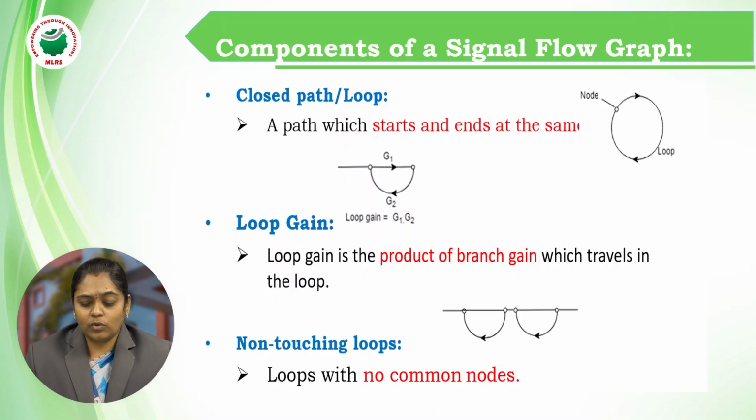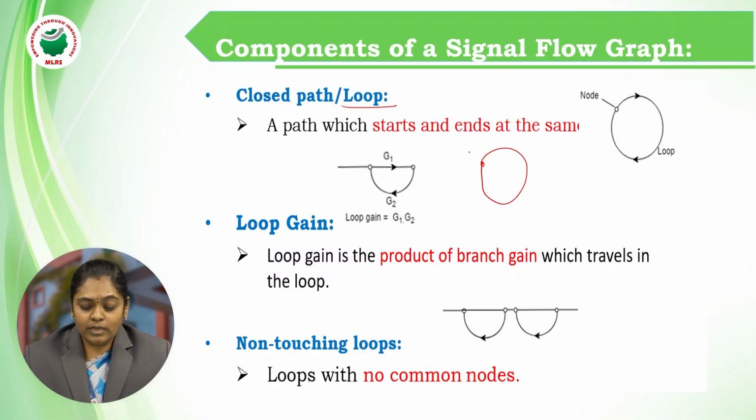The other name for the closed path is also a loop. The name itself indicates a closed path. A path should start from a node and it should end at the same node. So when the starting point and ending point of that path are the same, it is called a closed path.